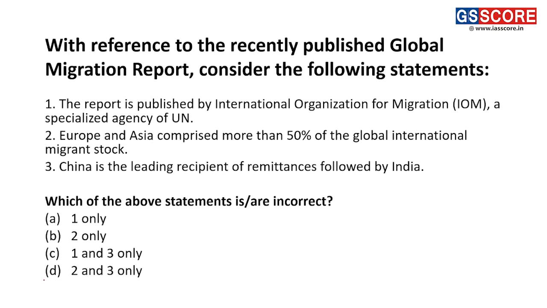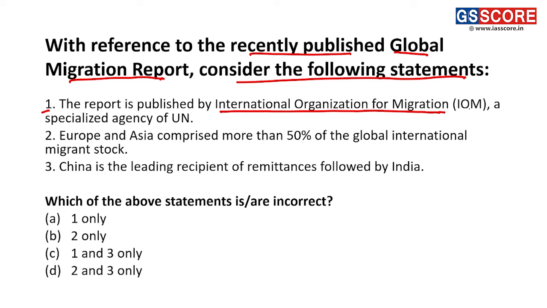Moving towards the next question, we have, with reference to the recently published Global Migration Report, consider the following statements. Basically, this question forms a part of human geography and the migration which is taking place over the world. So the statement 1, the report is published by the International Organization for Migration, a specialized agency of the UN.